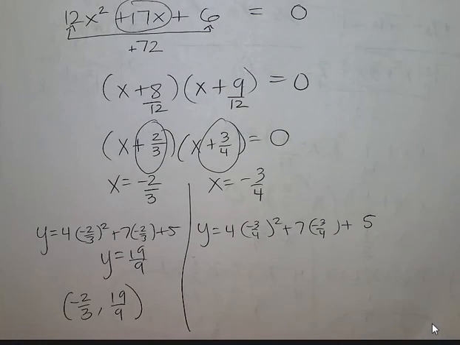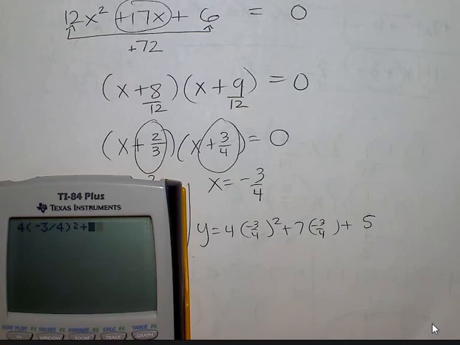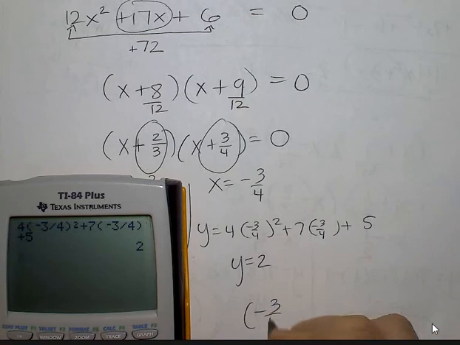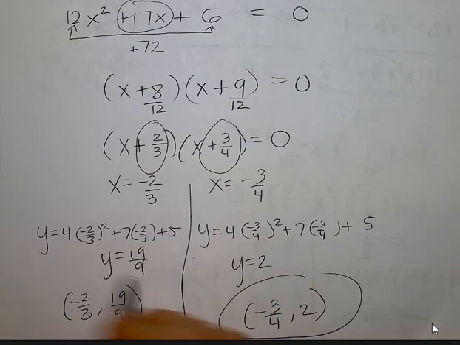I'm going to do the same process with an x value of negative 3/4. Two solutions. Each solution has an x and a y coordinate.